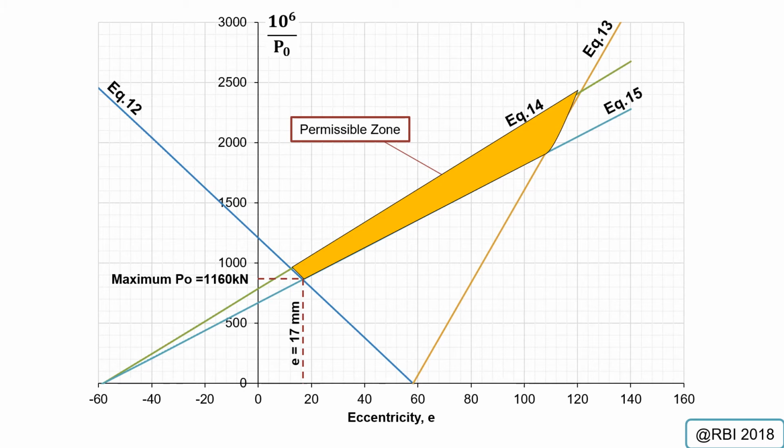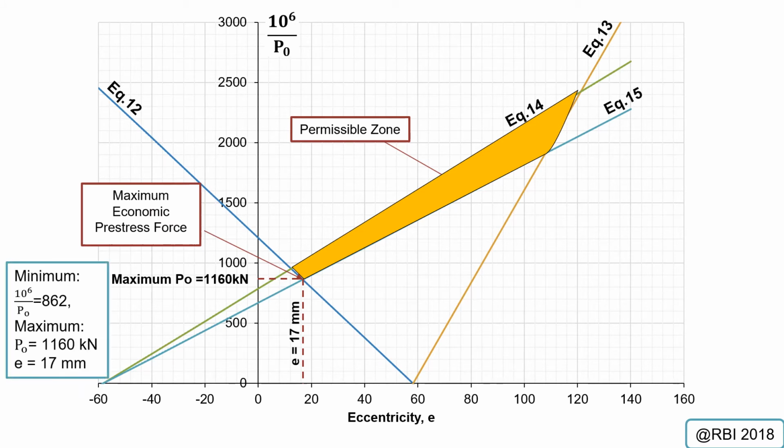If you look into the calculation, the minimum 10 power of 6 over P naught is equal to 862. With 862, it gives you the maximum value for your P naught, which is 1160 kilonewton, with the respective eccentricity equal to 17 mm.